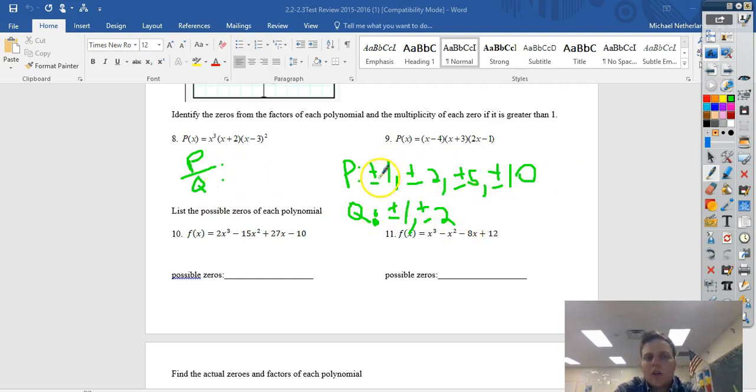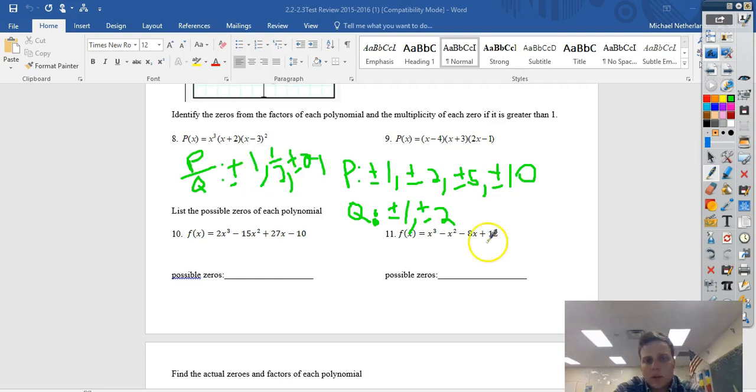So you're going to do 1 over 1, which is just 1. Alright, I'm just going to put plus or minus at the very beginning, but it's going to go across all of these. I'm just tired of writing. So plus or minus 1, 1 over 2, so that'd be plus or minus 1/2. Alright, 2 over 1, so that'd be plus or minus 2. Now, 2 over 2 is 1, so I don't need to write that again.